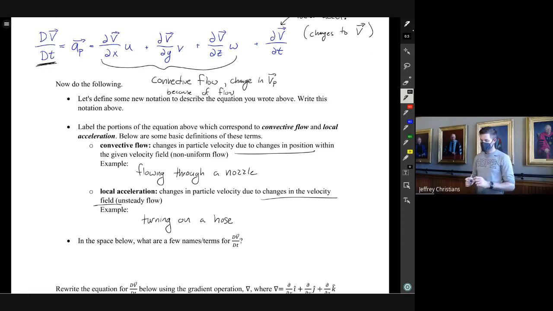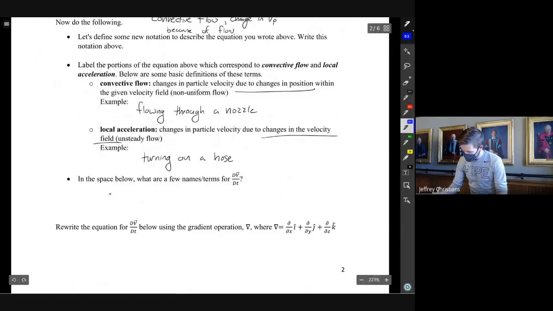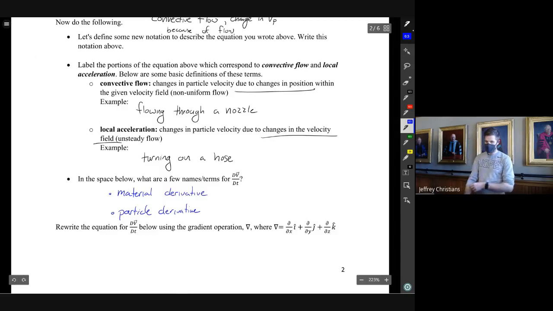We call it the material derivative or the particle derivative. And really that's just to connect, right?